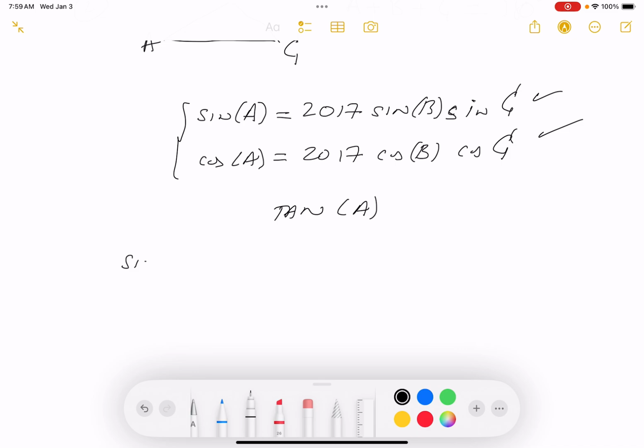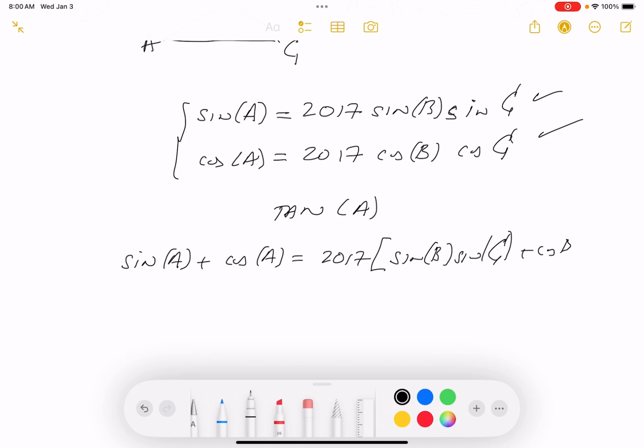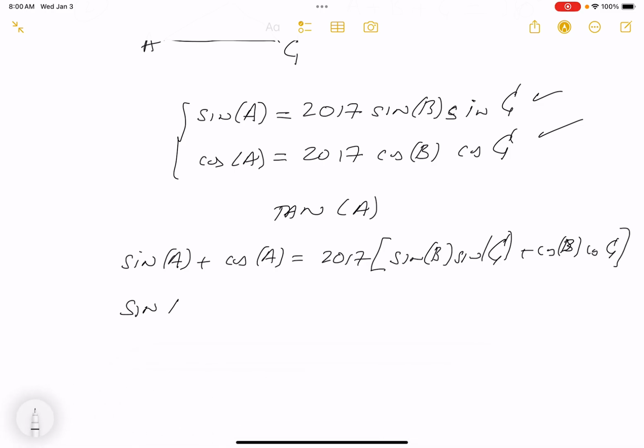You could do sine A plus cosine A, and that would be 2017 times sine B, sine C, plus cosine B, cosine C. I'm sort of recognizing that. I don't know if it's going to be helpful or not. And that's going to be 2017.